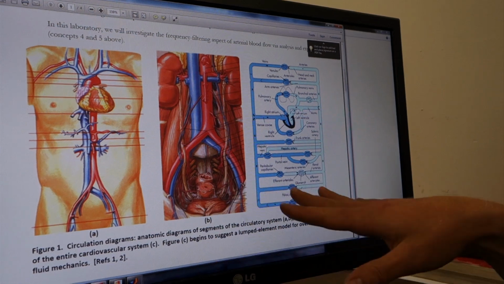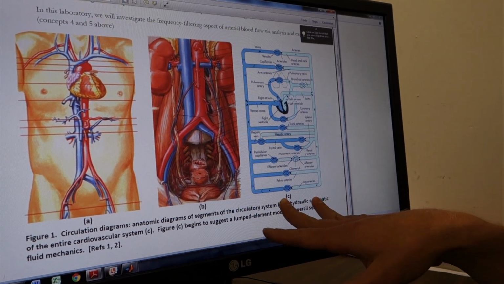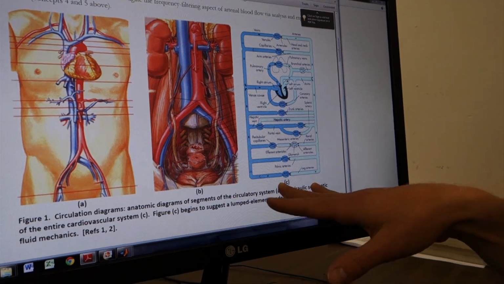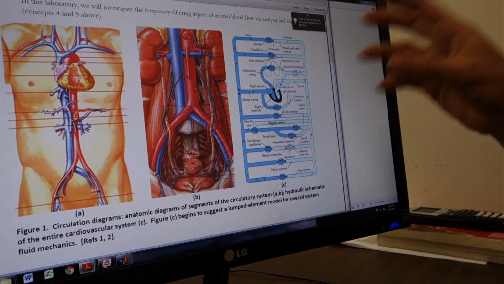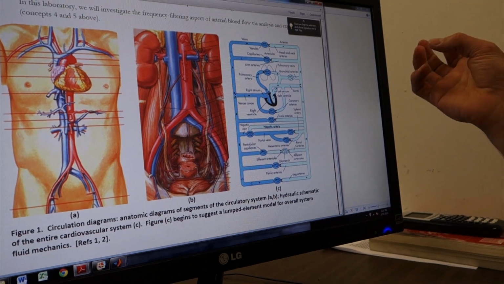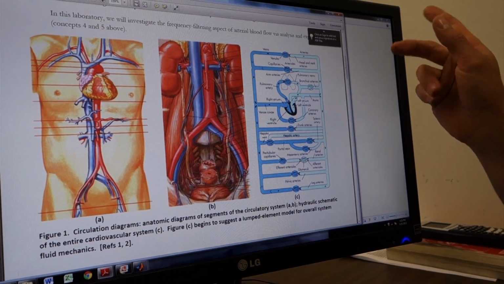We're going to take that one step more abstract and look at an engineering perspective of this problem. So this would be an engineering abstraction of the flow through the cardiovascular system, where we've lumped together different parts of the system into different pipes. So we have arteries, we have pulmonary veins, we have bronchial arteries, etc.